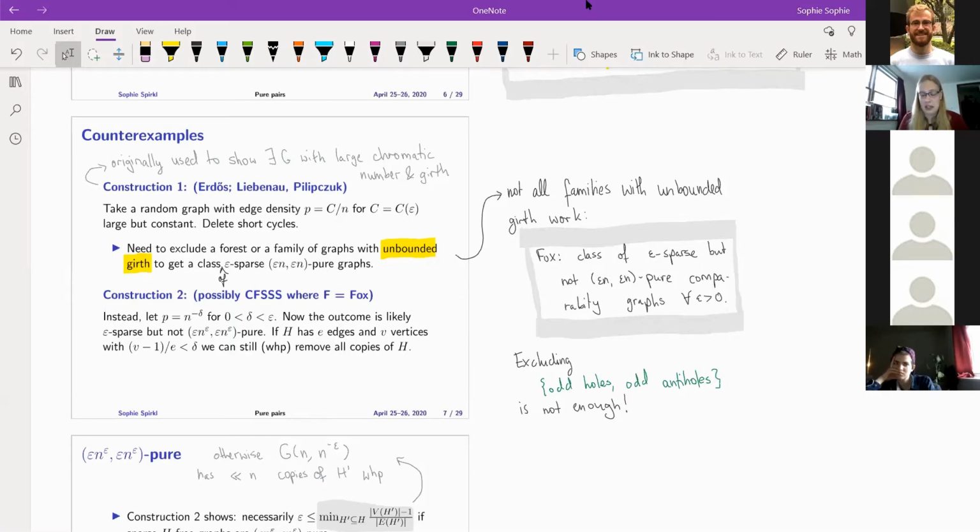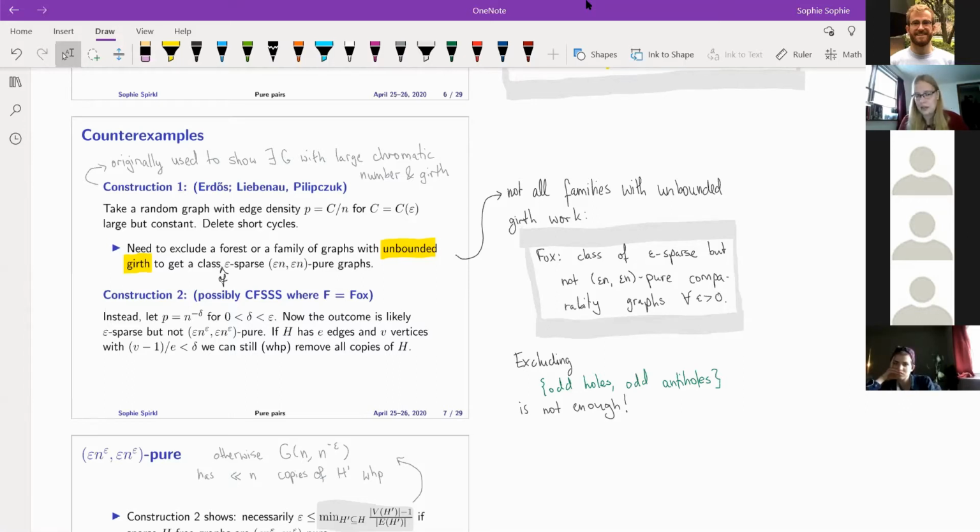And then we deleted short cycles, but in fact, in order to be able to delete short cycles, we could have had somewhat higher edge density, right? The expected number of short cycles with this edge density is tiny. We could have, in fact, given vertices small polynomial degree, and still we would have been able to delete cycles. So let's do it a bit more carefully.